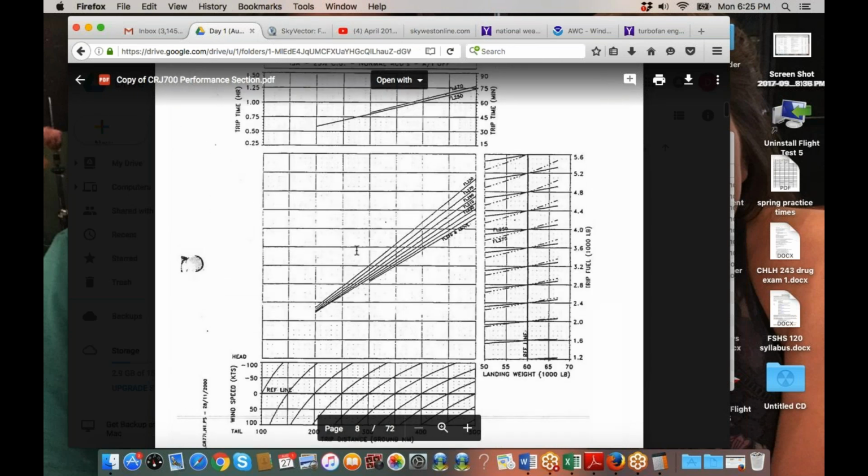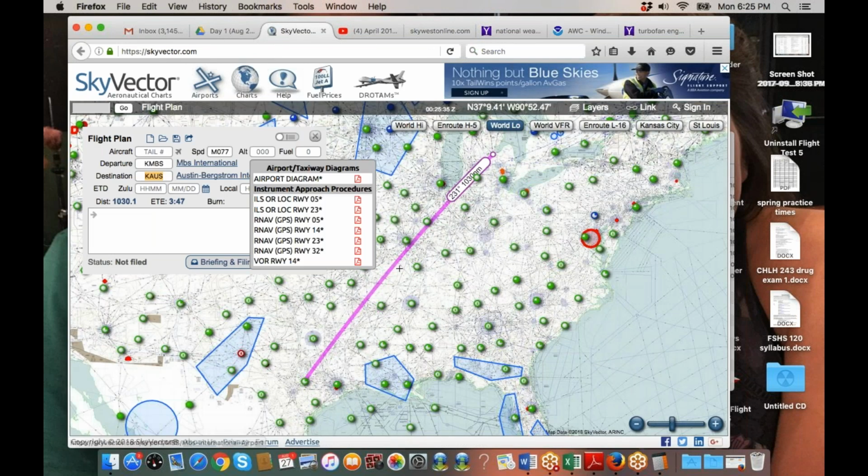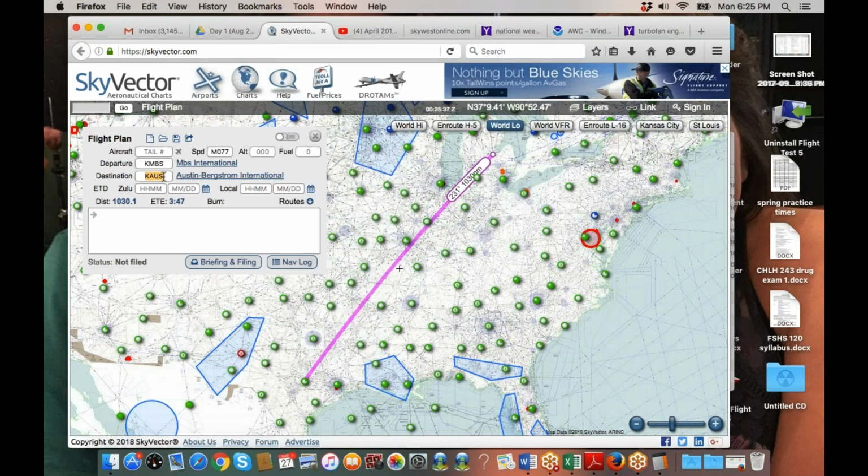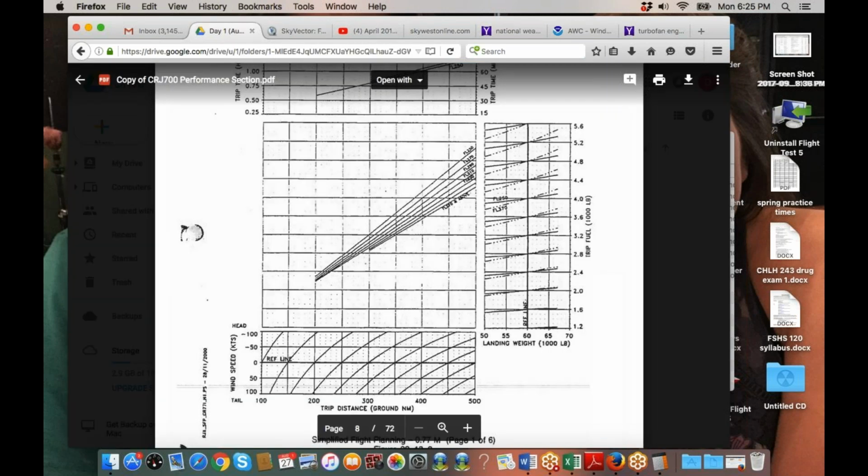Yeah, let's stick with a shorter route and do something that's a little less complex. Saginaw to Detroit. And then we'll do one to Austin later. We're just going to pretend that we're doing real short distance here. So 85 miles. Dang it.